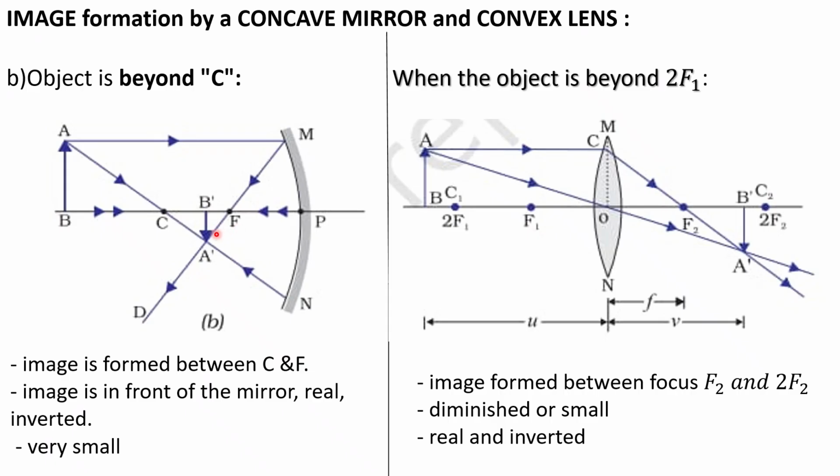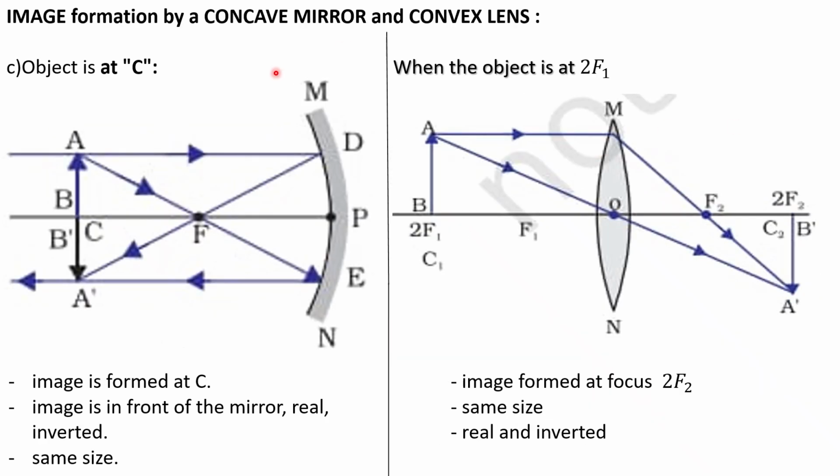smaller than the object. And now we will go to the next position, when the object is placed at C or at 2F1. In the case of a concave mirror, when the object is placed at C, the image is also formed at C. The image is a real and inverted image and it is formed in front of the mirror.